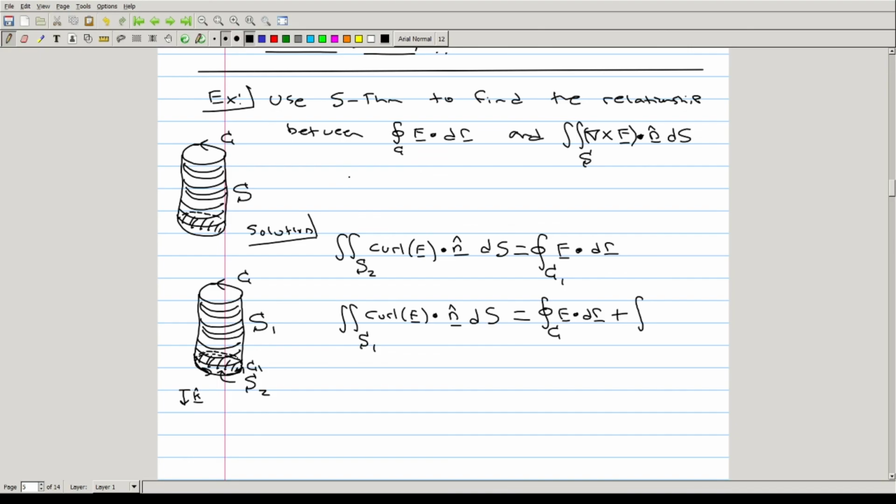The idea here is to think, well, if C is going around in this orientation, we look at what each individual bounding curve looks like.